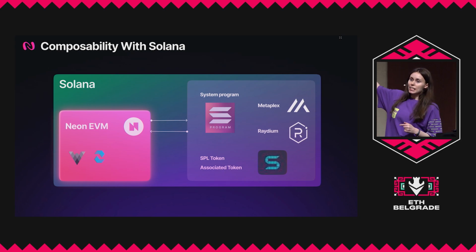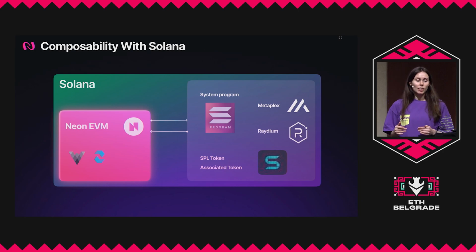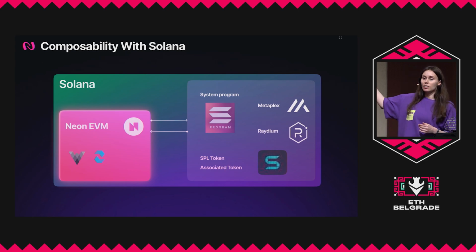And basically, these are the libraries that are available at the moment, and they help EVM projects interact with these Solana programs. So these are native and custom Solana programs that you can interact with from an EVM dApp if you use composability libraries. And these libraries are all called the same as these Solana programs.